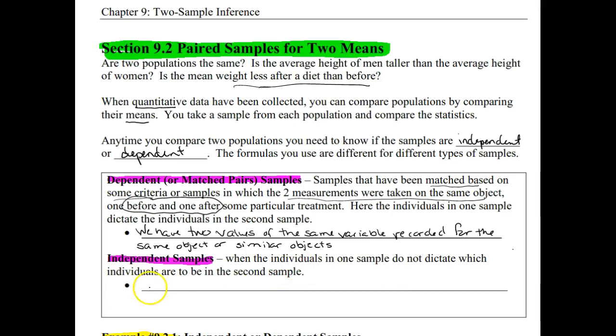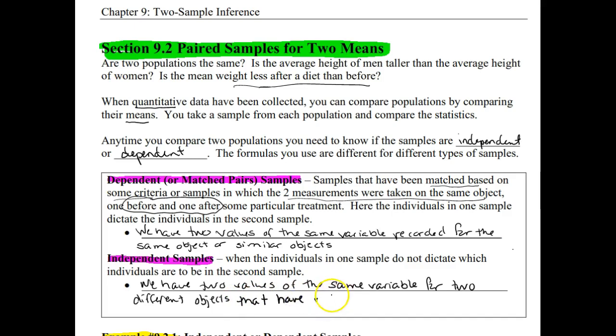So in this case, we have two values of the same variable for two different objects that have not been matched or paired together in any way.